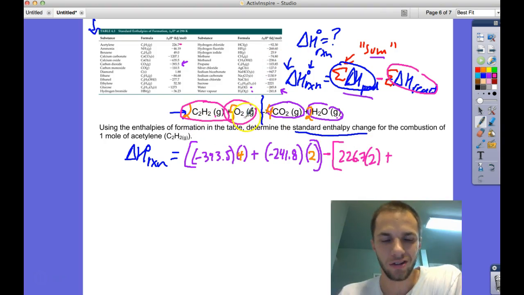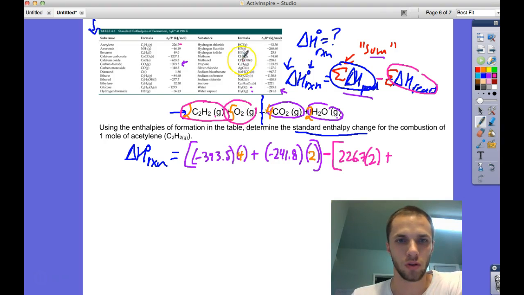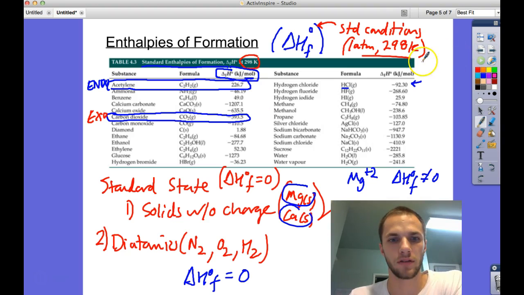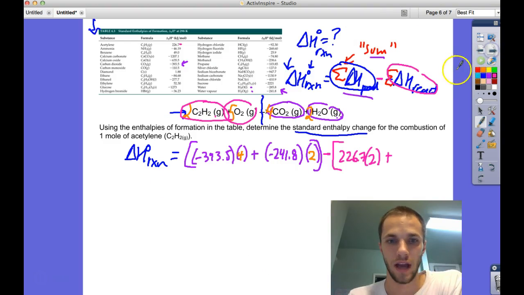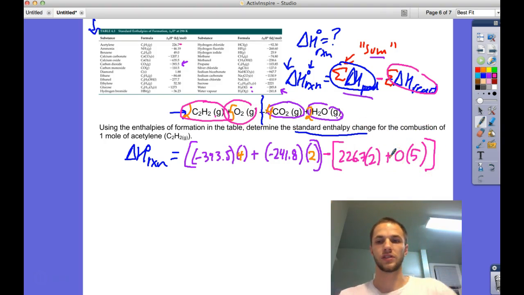Plus, now here's where you get a little tricky. O2. You're looking at the table, you don't see O2 anywhere. But remember, the enthalpy of elements in their standard state, solids without a charge and diatomics, is 0. So the enthalpy of oxygen is going to be 0 times the number of moles, 5, which is still 0. So this is the setup.